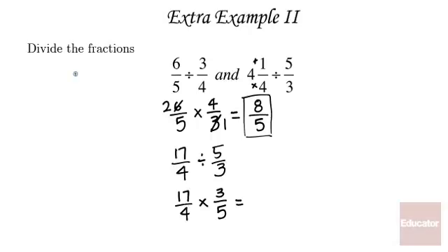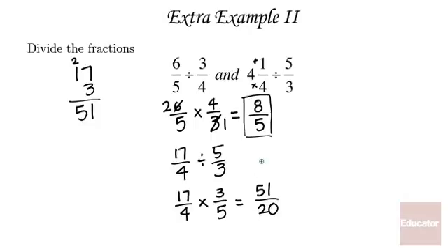So 17 times 3, let's do that problem. 7 times 3 is 21. Put 2 up here, 1 down here. Multiply these two and then add that number. So 3 times 1 is 3, plus 2 is 5. So 51 over 4 times 5 is 20. This is my answer.